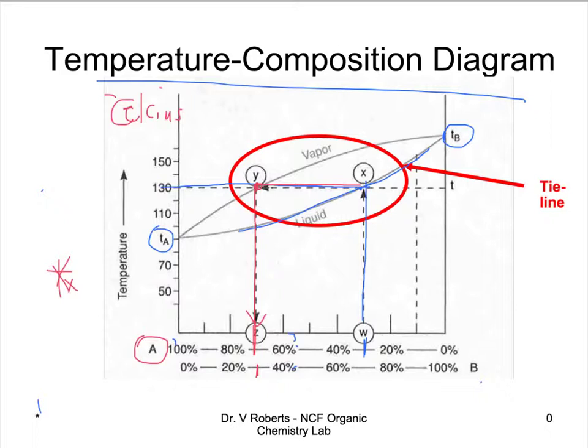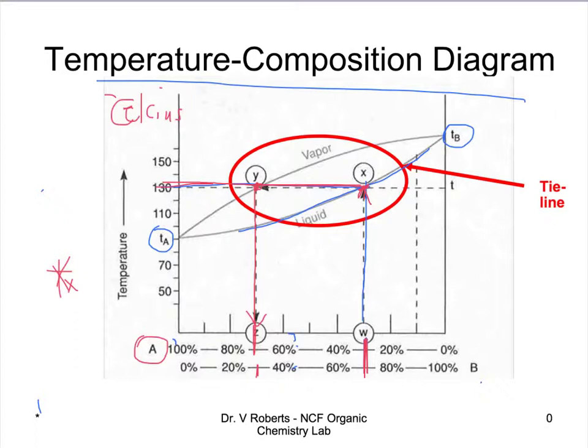Okay, so this is the temperature composition diagram. If we have a component with, let's say, 30% A, 70% B, which would be our W, we increase the temperature, and what we see happening is that once the temperature reaches the liquid curve, which happens if we draw a horizontal line across, which happens at 130 degrees Celsius, it starts to boil.